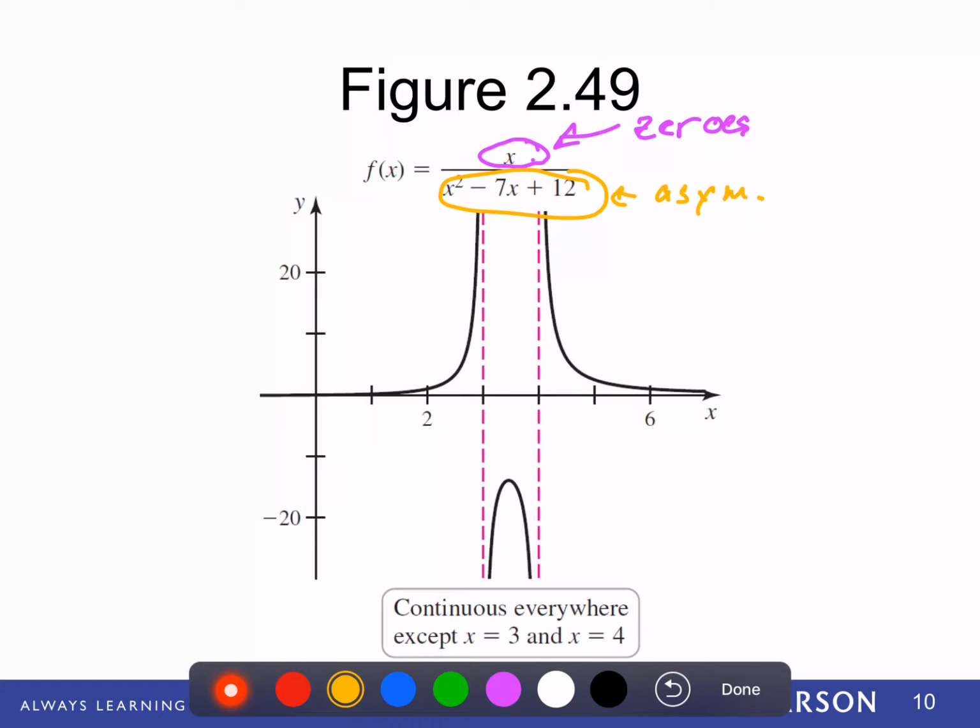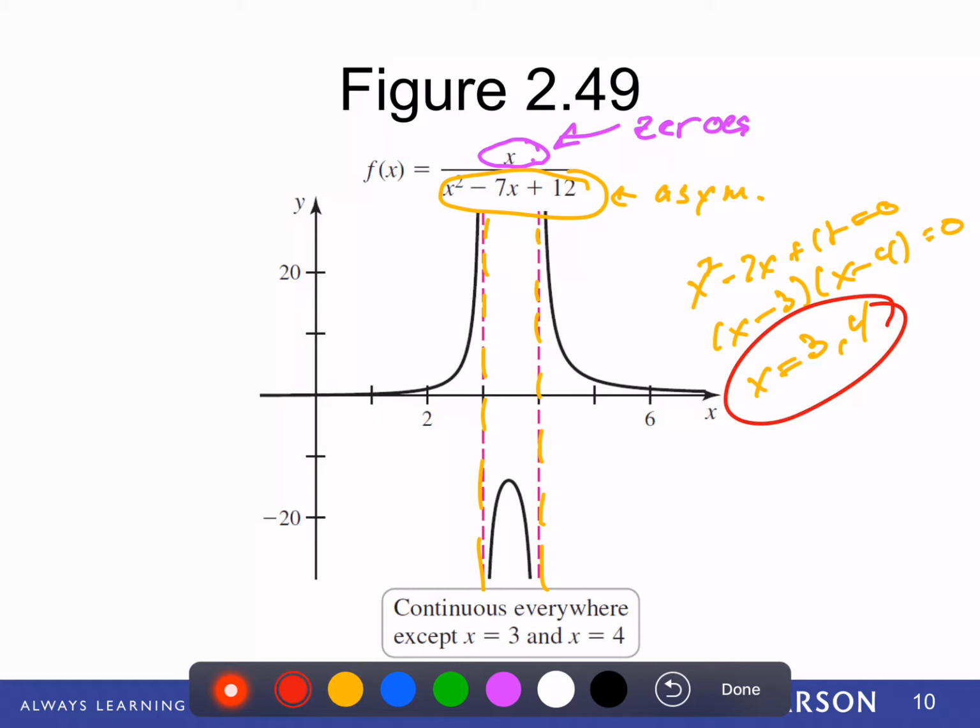So the roots of the bottom are at x equals 3 and x equals 4, and those are the values you see here. If x squared minus 7x plus 12 equals 0, this factors to x minus 3 times x minus 4 equals 0, so x equals 3 or 4. These are the only spots of discontinuity in this function.